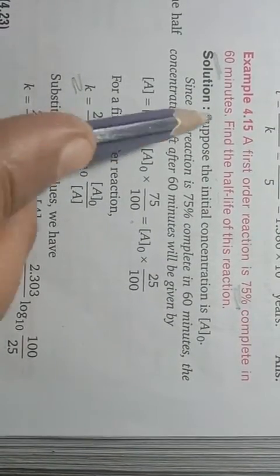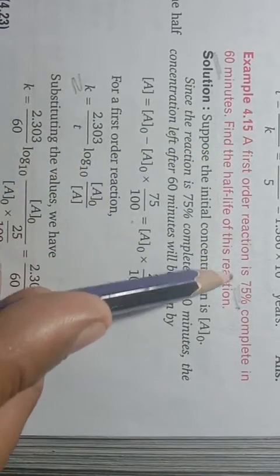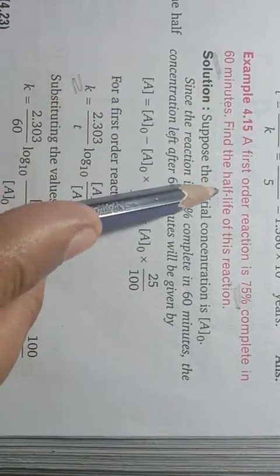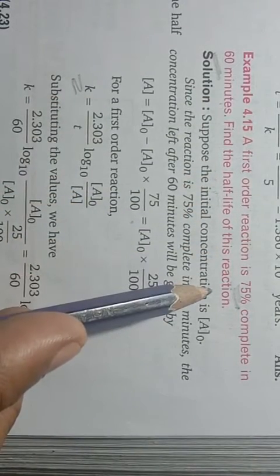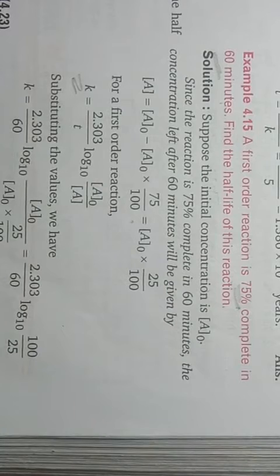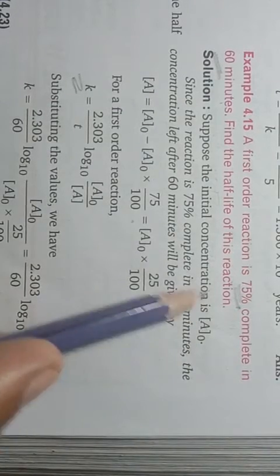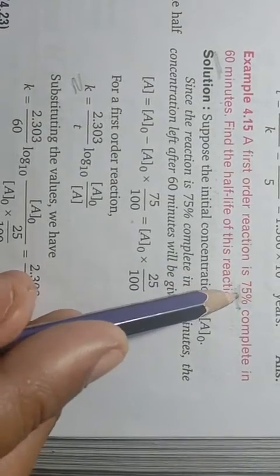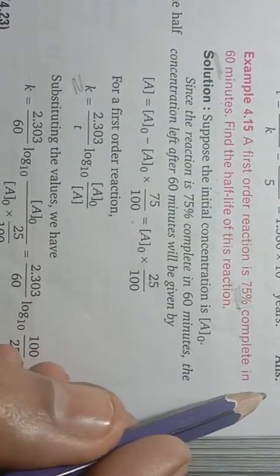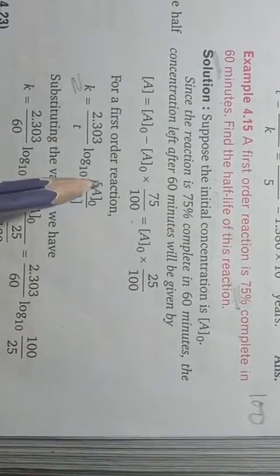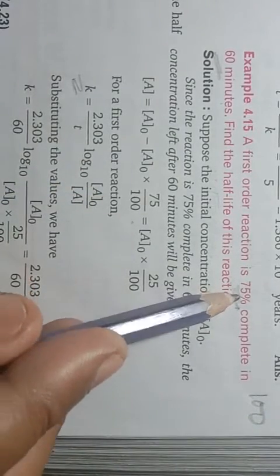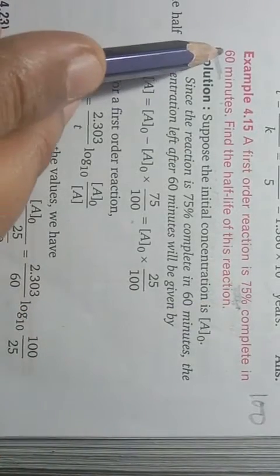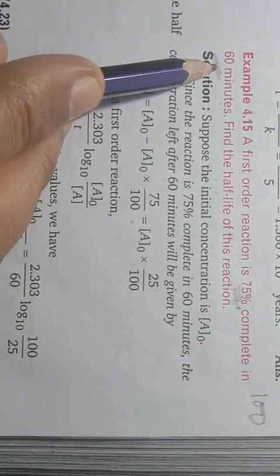According to this example, a first order reaction is 75% complete in 60 minutes. Find the half-life of this reaction. So 75%: let the initial amount of the reactant be 100. 75% completed means the remaining amount after 60 minutes will be 25.